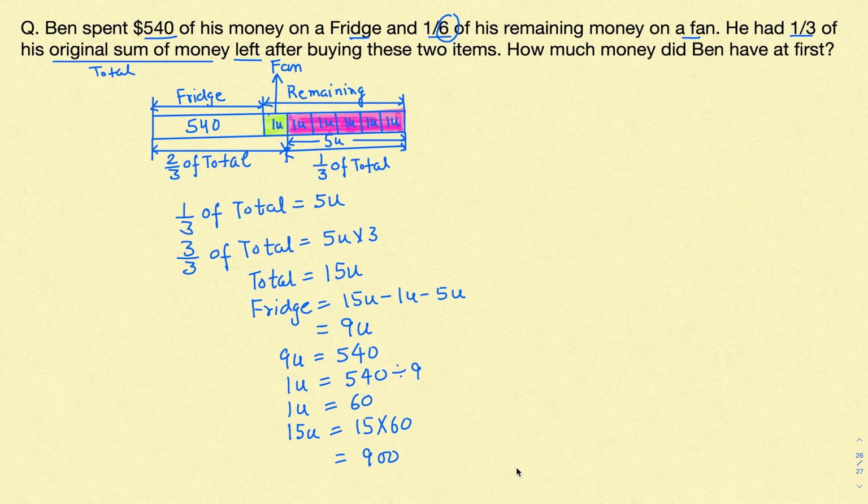So let's write our answer quickly: Ben had $900 at first.